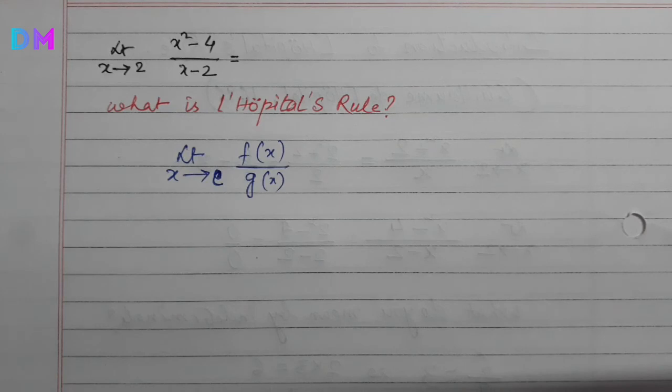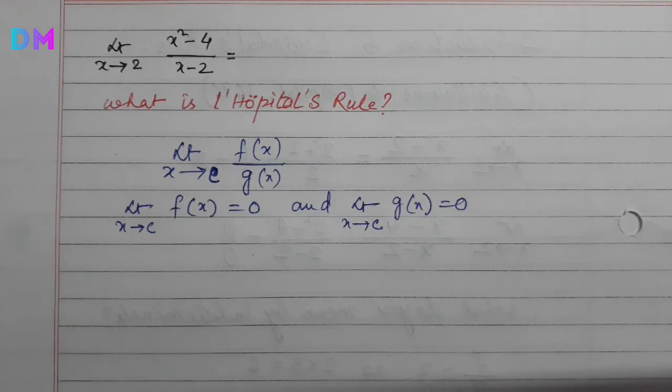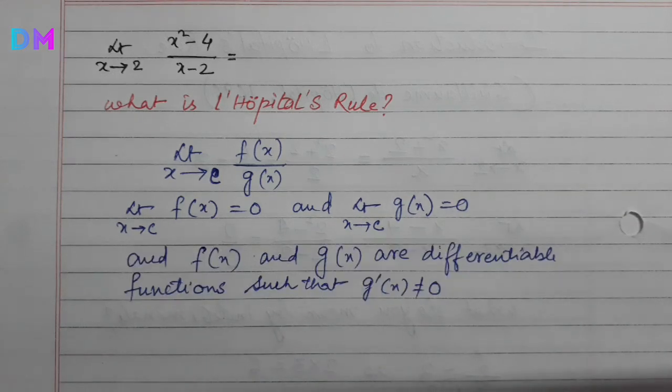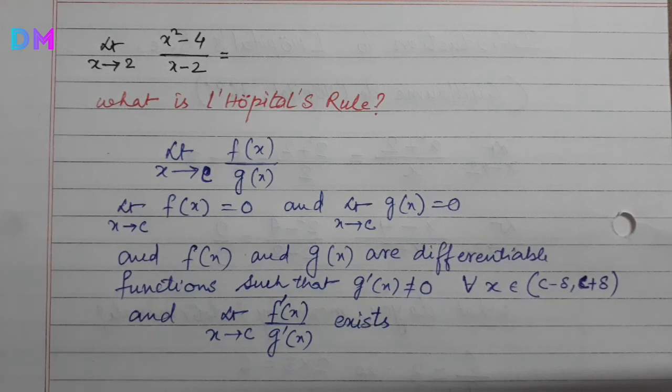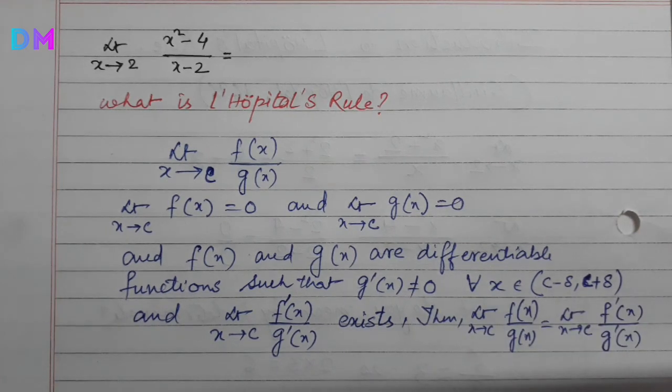Suppose we need to find out limit x tends to c f(x) by g(x), where limit x tends to c f(x) and limit x tends to c g(x) both are 0, and f(x) and g(x) are differentiable functions such that g dash x is not equals to 0 for all x belonging to the open interval c minus delta to c plus delta, that is the neighborhood of c, and limit x tends to c f dash x by g dash x exists, then limit x tends to c f(x) by g(x) will be equals to limit x tends to c f dash x by g dash x.